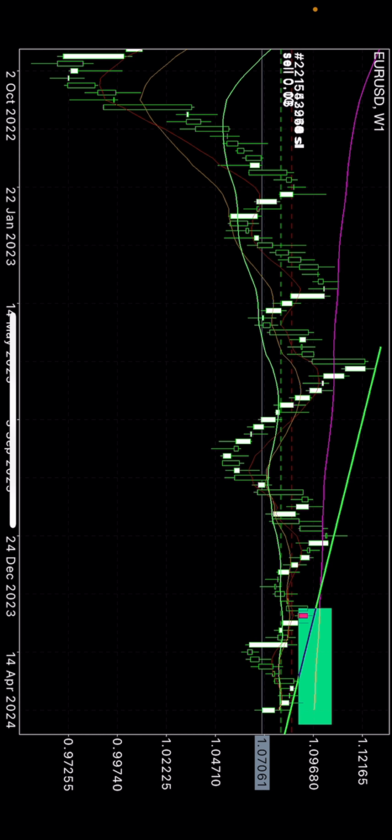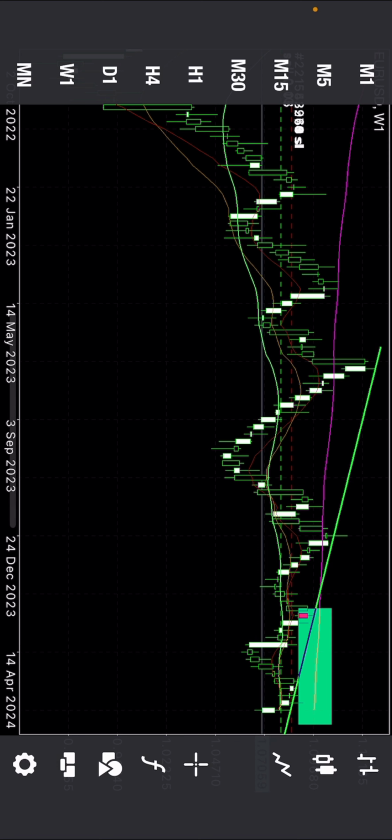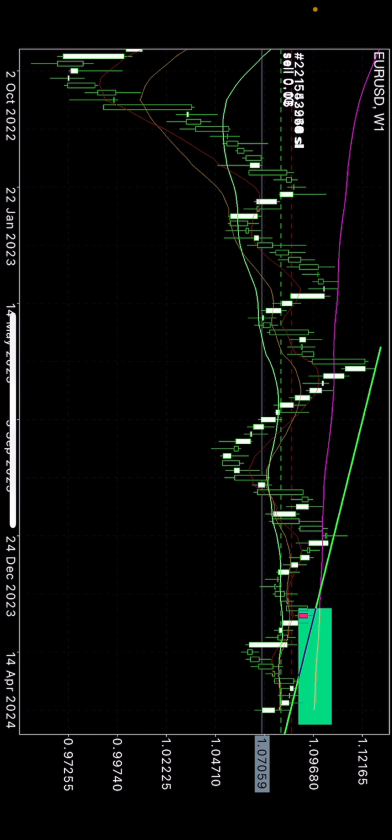The green block here is a supply zone, guys. So we then knew that this is where we'll be taking our sell trades and waiting for price to give us a new lower low in the process of us holding our sell trades, right? So that is the zone that we look for.